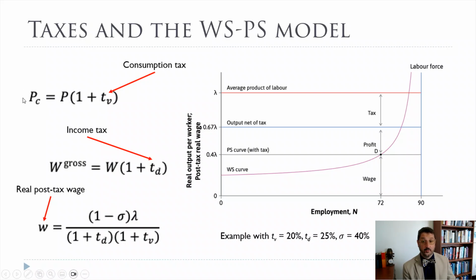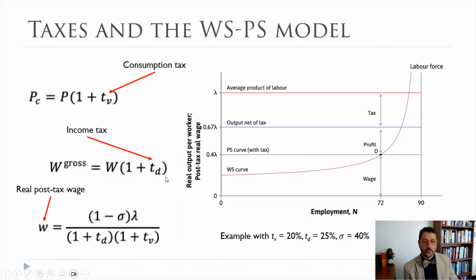Now, another very common tax, basically in all developed countries, is the income tax. If we think about the gross wage, that's going to be equal to W times 1 plus what we're calling TD for the income tax.